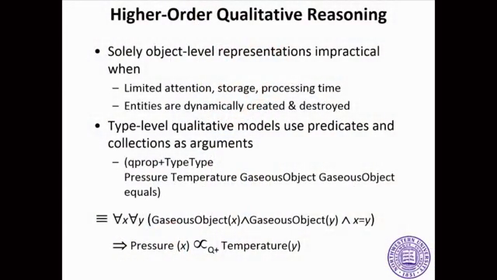So solely object-level representations are impractical when you've got limited attention, storage and processing time. If I have to build an explicit qualitative model for every tile in the game, I'm hosed, okay? That's not going to scale. And you have to plan for things that don't exist yet, so you have to build models of the dynamics for things that don't exist.